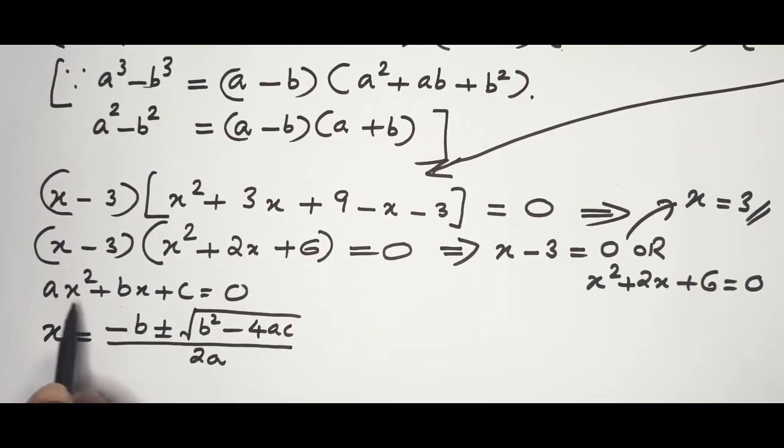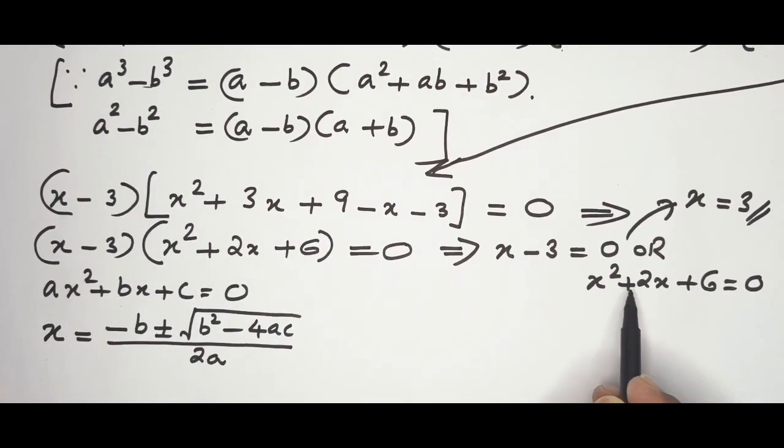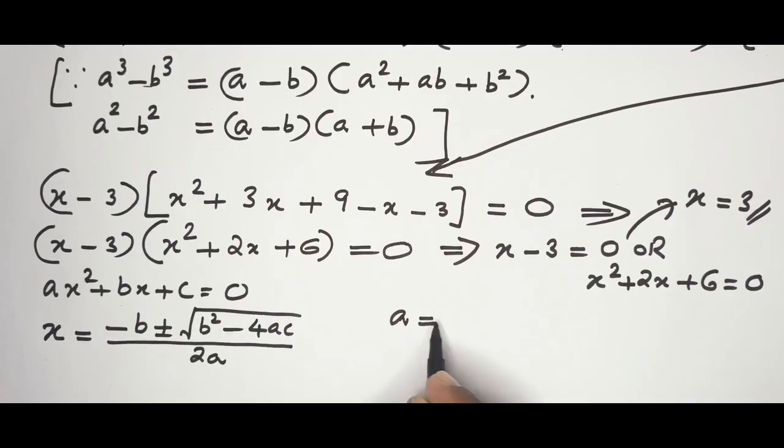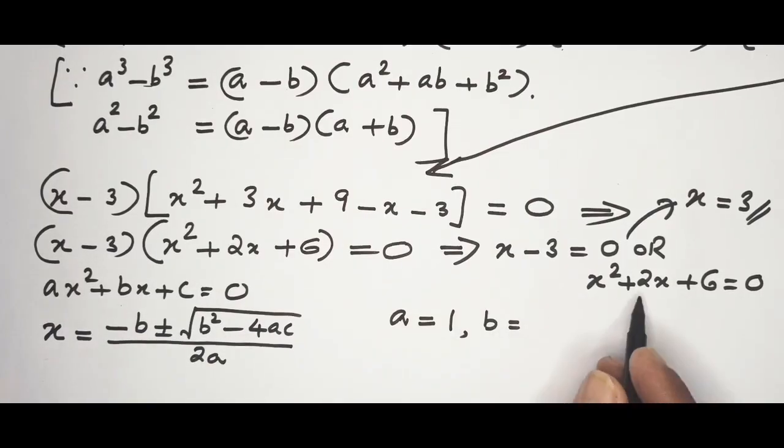Let's compare this general quadratic equation with the equation we have. On comparison, you can see a is the coefficient of x squared, which is 1. b is the coefficient of x term, that is 2, and c is the constant term, which is 6.